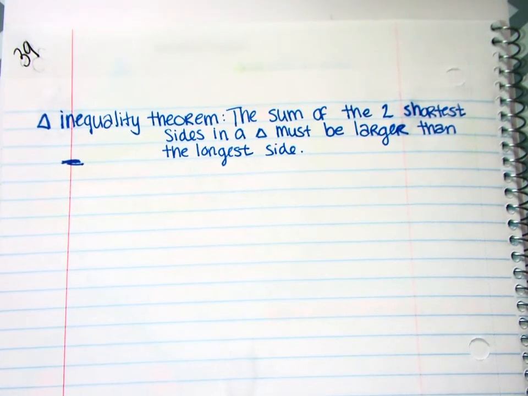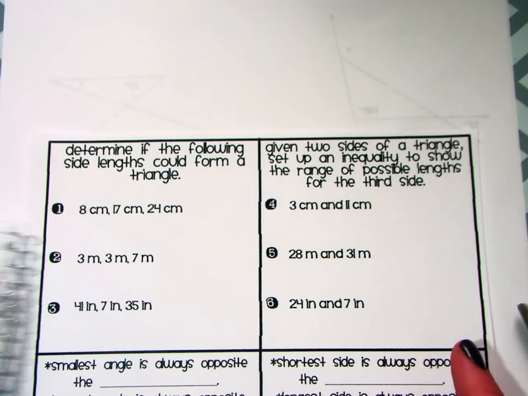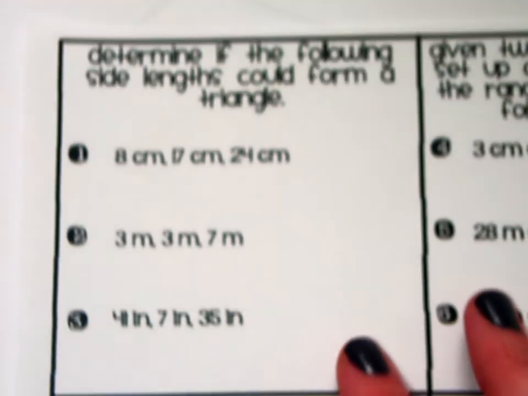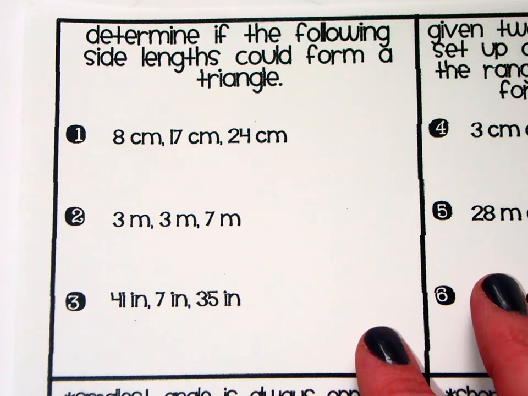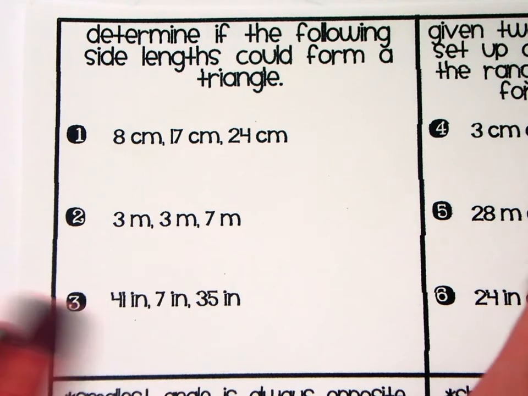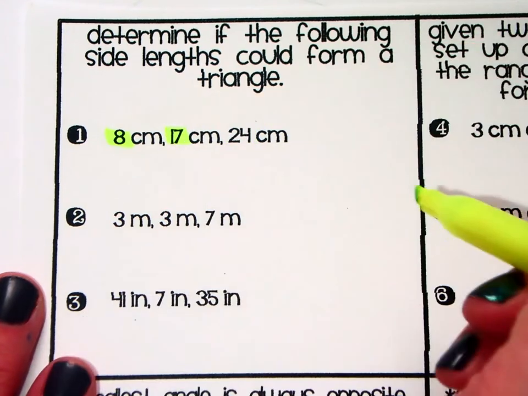So let's go ahead and move on to that little tiny piece of paper, and let's take some notes. We're going to be focusing on the first little square. It says determine if the following side lengths could form a triangle. The first thing that you want to do is identify the 2 smallest numbers. So my 2 smallest numbers are 8 centimeters and 17 centimeters.